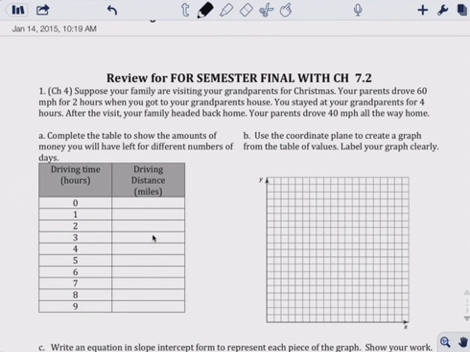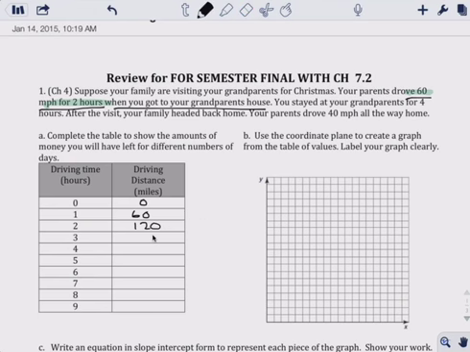Suppose you're visiting your grandparents for Christmas. Your parents drove 60 miles per hour for 2 hours to get to your grandparents' house. 0 hours is 0 miles, you're still at home. So here's hour 1 at 60, and then another 60 makes 120 for 2 hours.